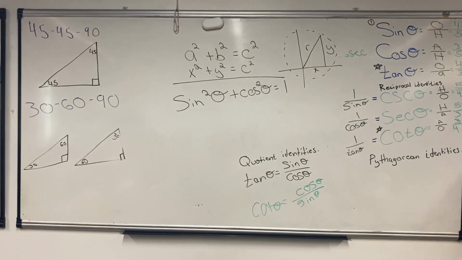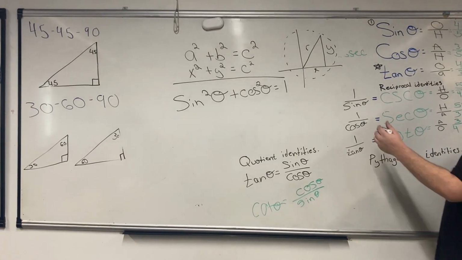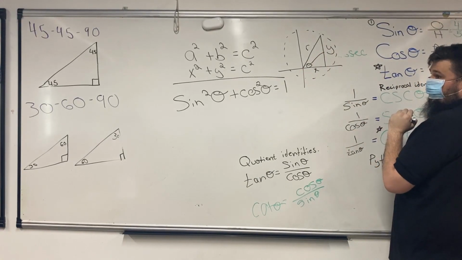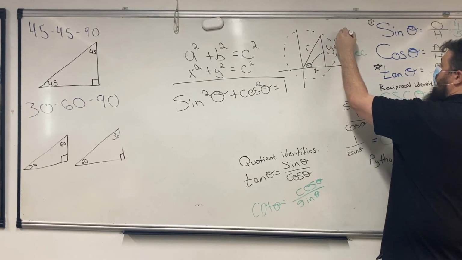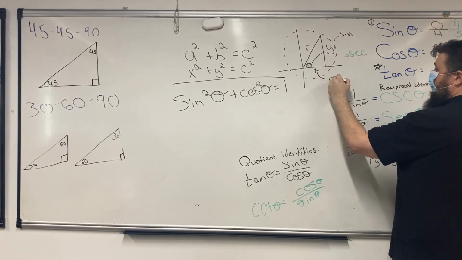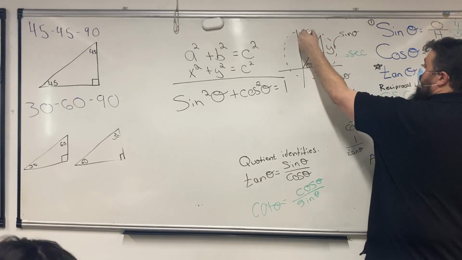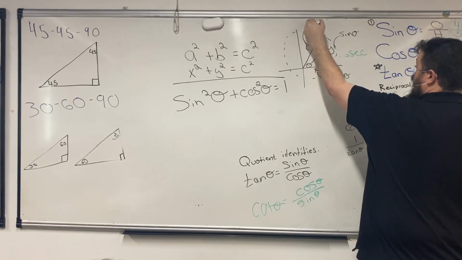So now we have something interesting happening. If this is theta, this is now opposite, right? Y is my sine value, x is my cosine value, and this is my radius.